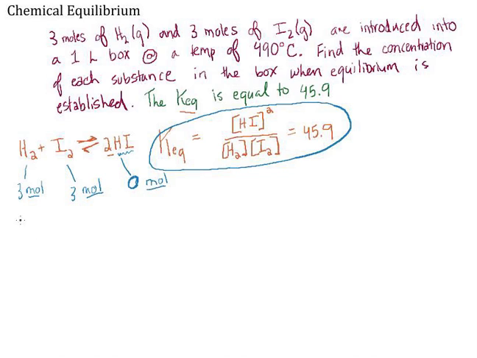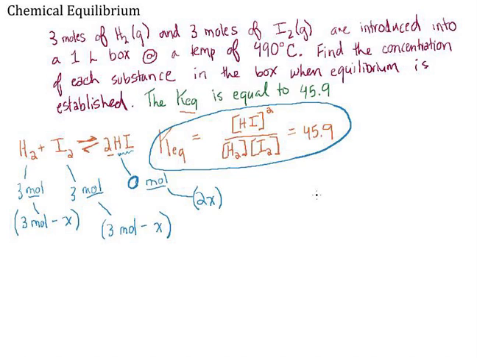For instance, if I thought of the equilibrium here being 3 moles minus x for H2, where x is the number of moles of H2 that are going to form HI in equilibrium, then I could say the same exact thing about I2, because those two x's have to be proportional to each other if I don't want lopsided HI molecules. So this is going to become 3 moles minus x, this is going to become 3 moles minus x, and this is going to become, you guessed it, 2x.